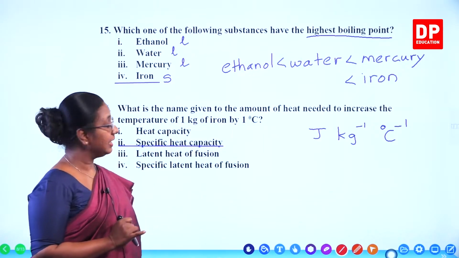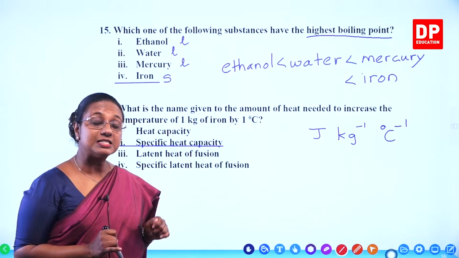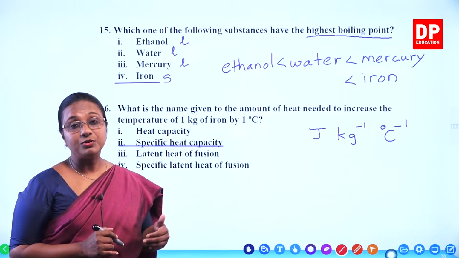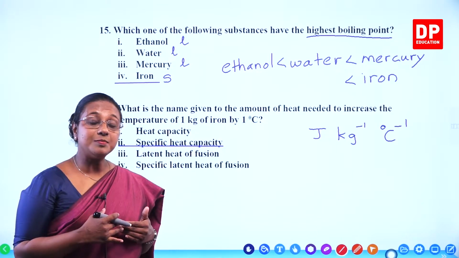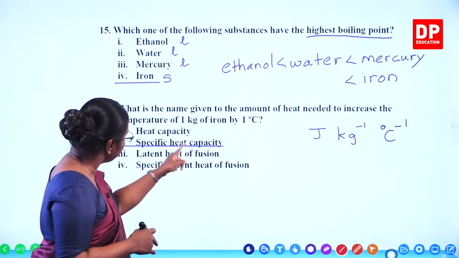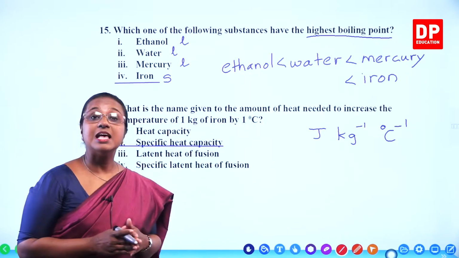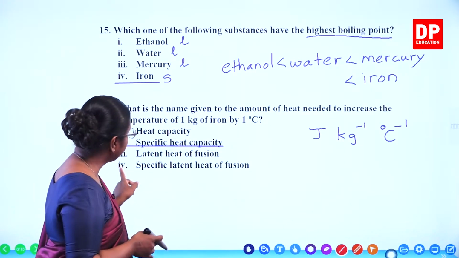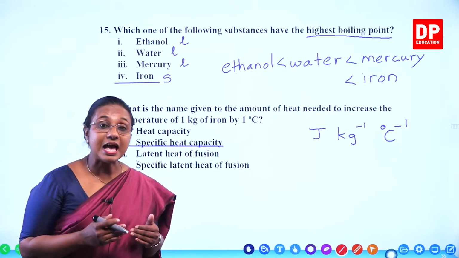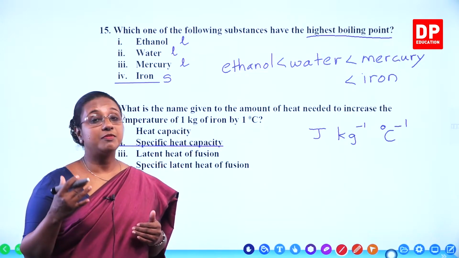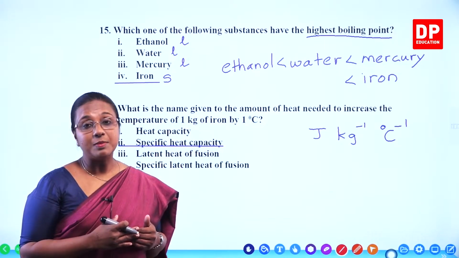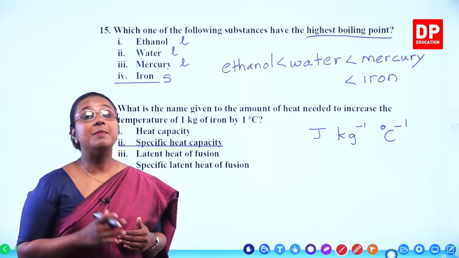What is latent heat of fusion? That is the third answer. The amount of heat that is absorbed when a solid substance becomes liquid on heating is known as latent heat of fusion. And specific latent heat of fusion is the amount of heat that is absorbed by 1 kilogram of a solid substance to be converted to the same amount of liquid at its melting point.